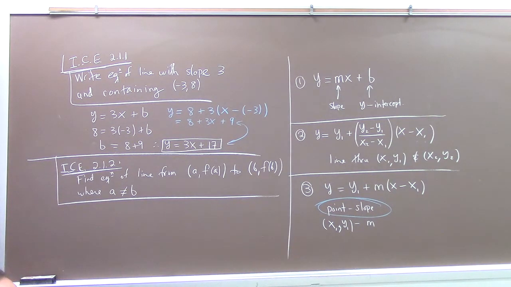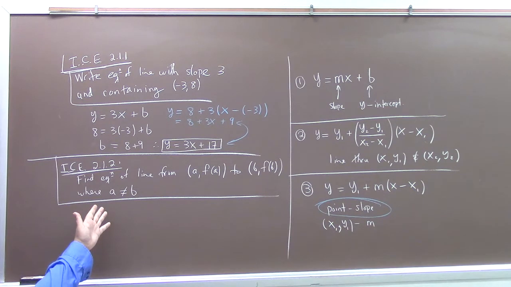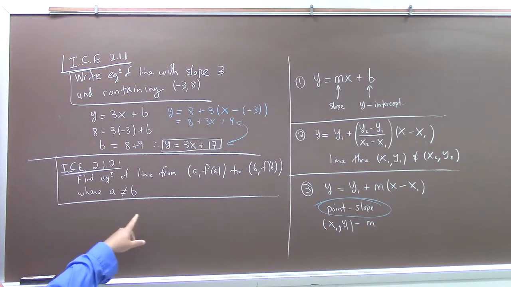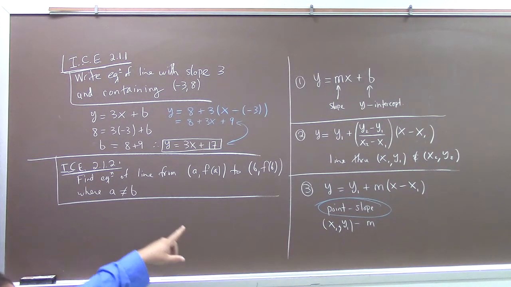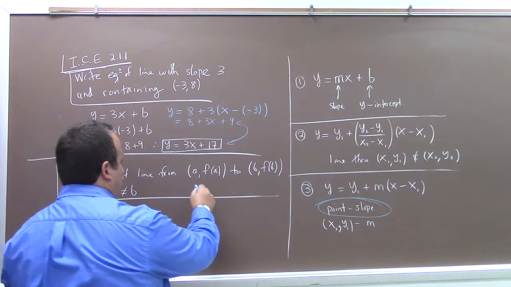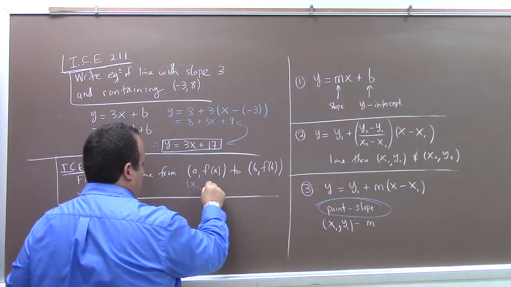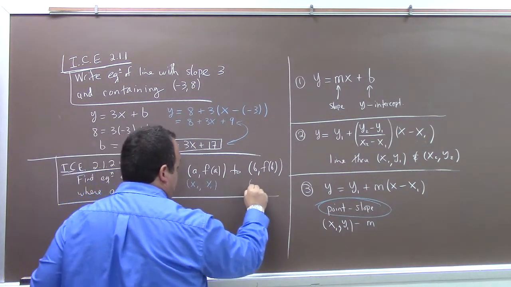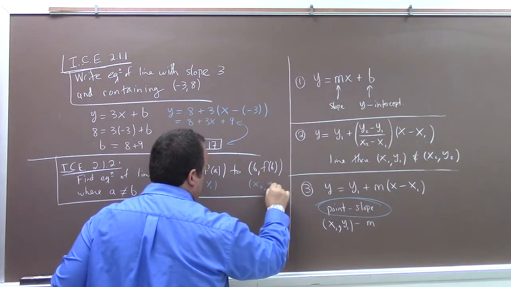Now, the 2-point formula for the line definitely is not the right choice for ICE 211 because we don't have 2 points, right? But the 2-point formula for the line is definitely the right choice for 2.12 because I give you 2 points, right? So you just think about this as being like x1, y1, and think about this as being your x2, y2.